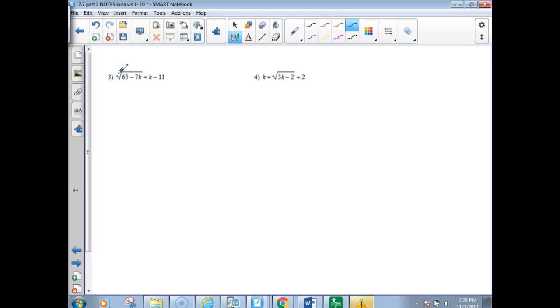All right. Squaring both sides gives you 65 minus 7k equals k squared minus 22k plus 121. If you set it to 0, adding 7k would give you negative 15k. And then subtracting 65 from 121, is that 56?